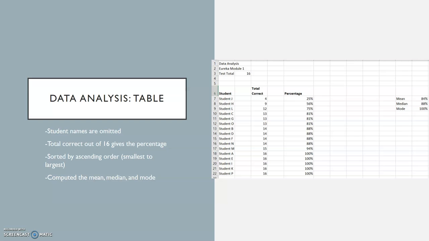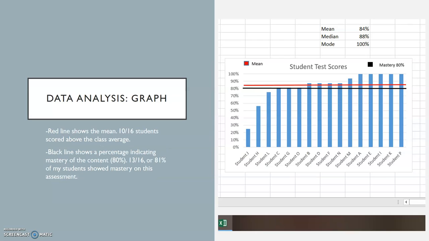And I also used the formulas to compute the mean or the average, which was 84%, the median, which was 88%, and the mode, which was 100%. I also put my data in a graph, and I chose a bar graph, and I wanted to see the students and then their percentages. And I inputted some lines.